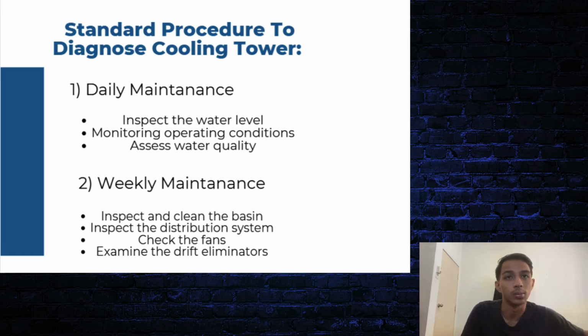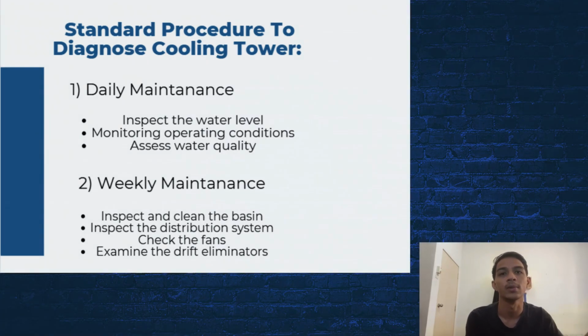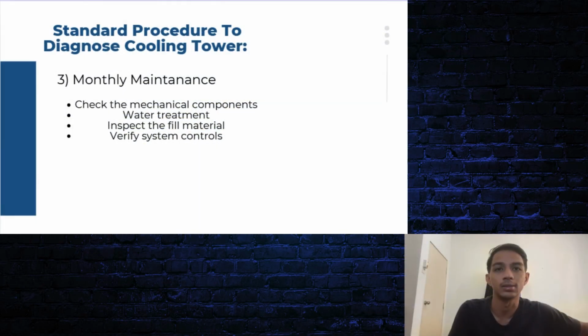For weekly maintenance, we need to inspect and clean the basin, inspect the distribution system, check the fans and examine the drift eliminators. For monthly maintenance, we need to check the mechanical components, water treatment and inspect the fill material, and lastly verify system controls.